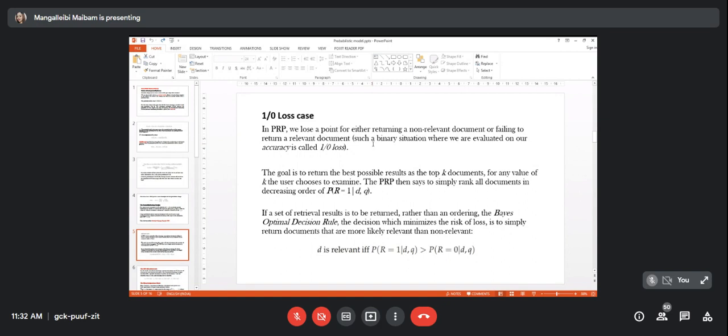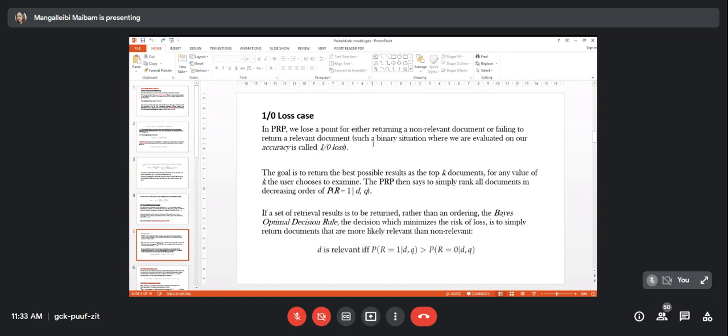So the goal for such a condition is to return the best possible results for k documents, and for any value of k the user chooses to examine, the PRP then says to simply rank all documents in decreasing order.